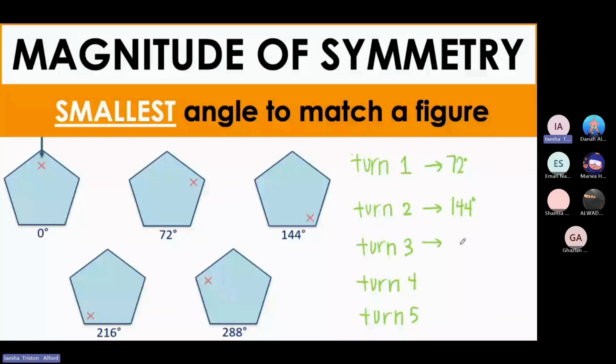After turn number 3, I'm going to be at 216 degrees. After turn number 4, I'm going to be at 288 degrees. And after turn number 5, I'm going to be back at 360 degrees. How did I get each one of these numbers? I keep adding 72.